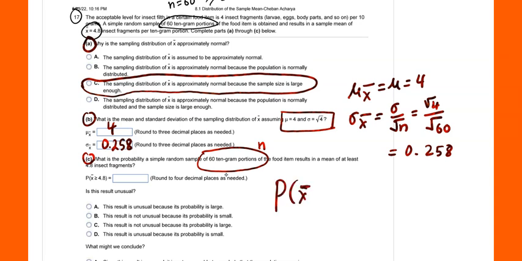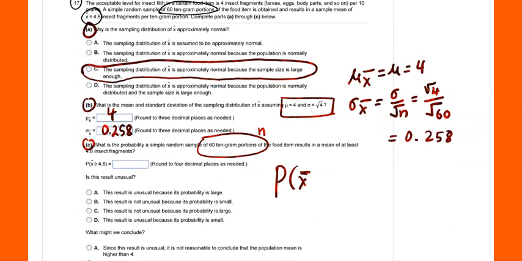At least means more than or equal to 4.8. It still tells you in the question, find the probability of x bar greater than or equal to 4.8. I use x bar here because in the question, if you read it carefully, it's a mean. Does that make sense to you?